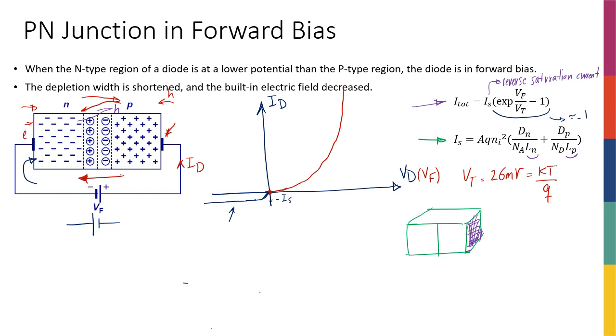Okay. Now our discussion of diodes is almost complete. Now that we know how the diode works and we know the current-voltage relationship of a diode, we can appreciate more why the diode symbol looks like this. This is the p side, this is the n side. The p side we call the cathode, as I mentioned, and the n side we call the anode.